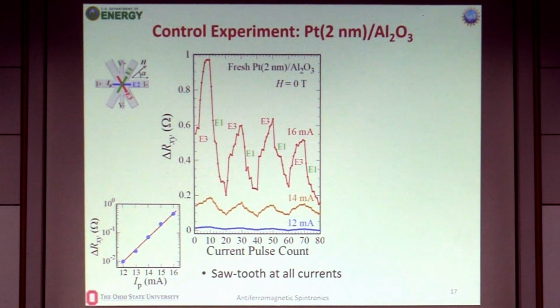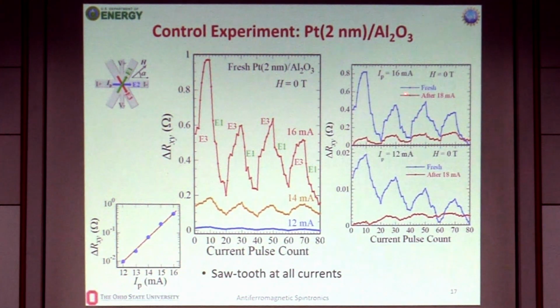When you plot the dependence of the delta Rxy as a function of the current, it is exponential. Somehow it's kind of like thermally activated. Now we pulse 18 milliamp on this control sample, and the magnitude is reduced by a lot, although it's not totally gone.